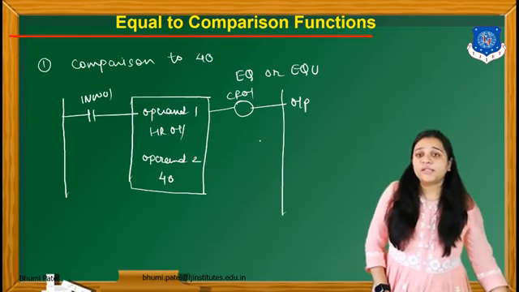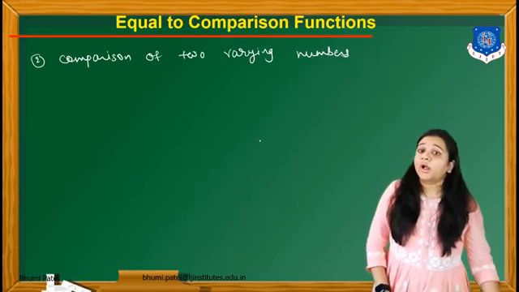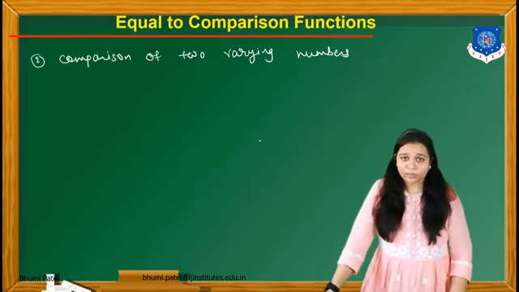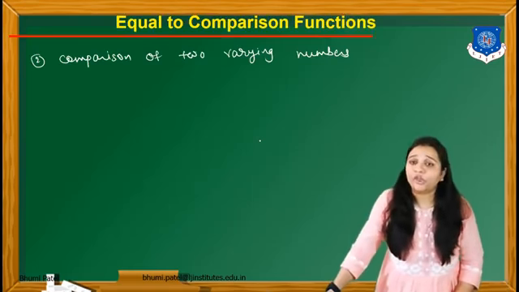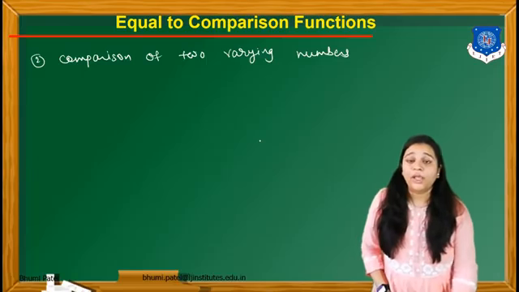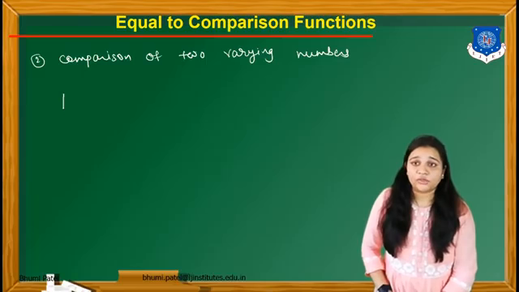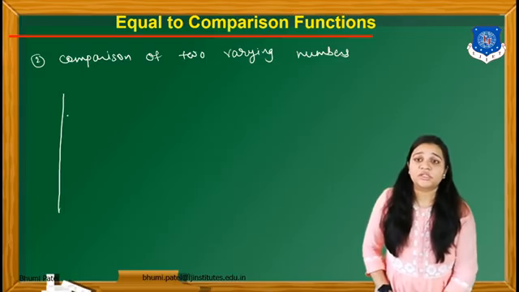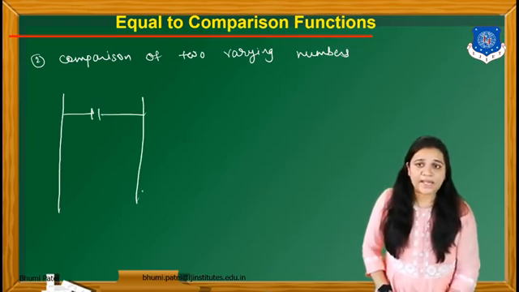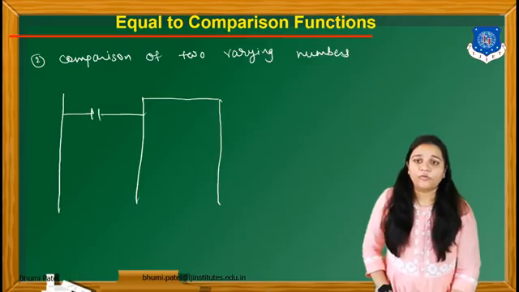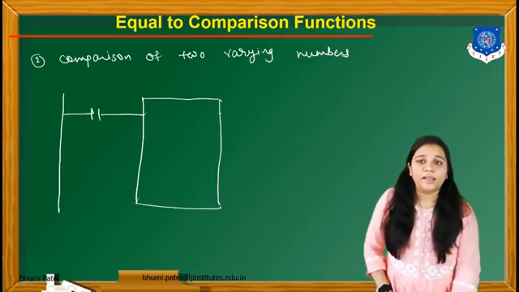Now the second option is the comparison of two varying numbers. We don't know the values of operand 1 and operand 2, and you have to compare these two unknown registers. For that we have to use the same type of block format, and then take one output.